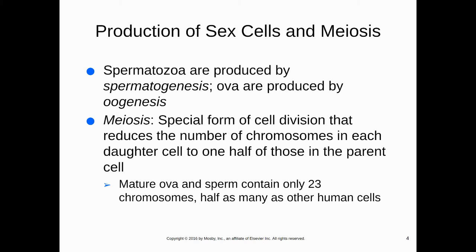And both of these are essentially just forms of meiosis, in which there's cell division that reduces the number of chromosomes, so that you don't have the full 2N that you would normally have. So normally you have 46 chromosomes, but your sex cells are only going to have 23.